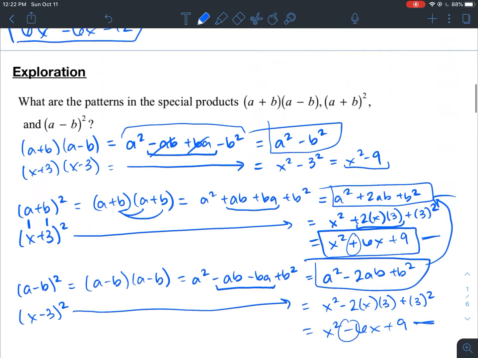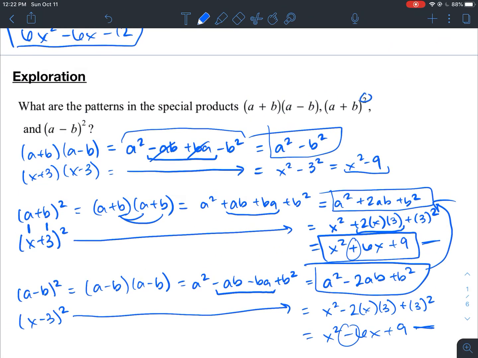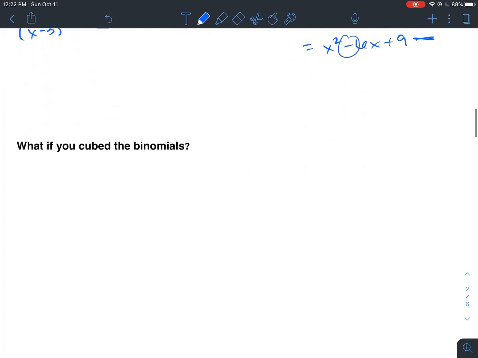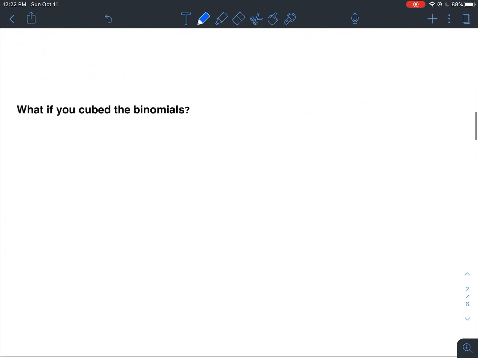Now, this is squaring. See how we squared this binomial and squared this binomial? What happens if we were to cube the binomials? So let's try this for a plus b. Let's say we cubed that binomial. Well, that's equivalent to a plus b times a plus b times a plus b.